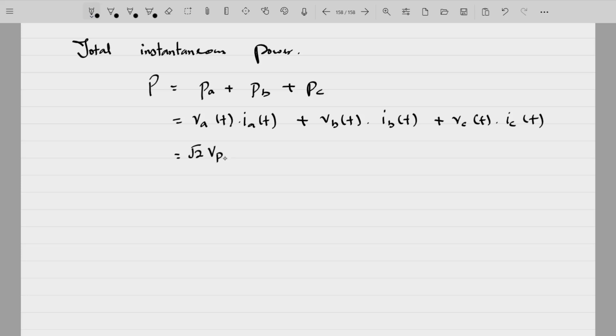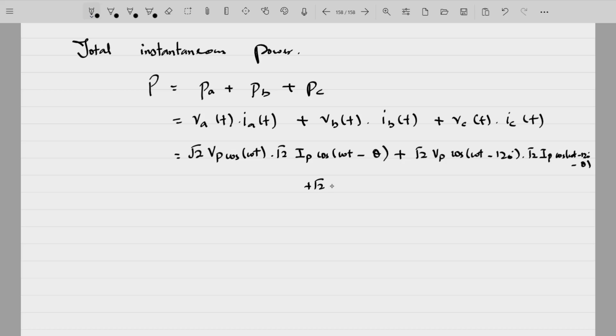This was root 2 Vp cos of omega t into root 2 Ip cos of omega t minus theta, plus root 2 Vp cos of omega t minus 120 degrees into root 2 Ip cos of omega t minus 120 degrees minus theta, plus root 2 Vp cos of omega t plus 120 degrees into root 2 Ip cos of omega t plus 120 degrees minus theta.